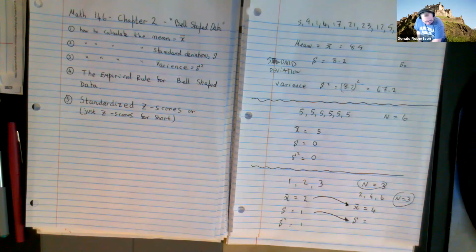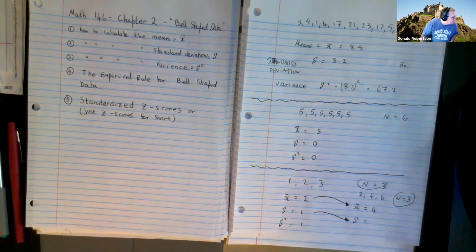What do you think the standard deviation for 2, 4, and 6 is? I'm not going to commit myself here because I was wrong the last time, so I'm actually going to do it while you're thinking. Do you think it's the same? Bigger, smaller?